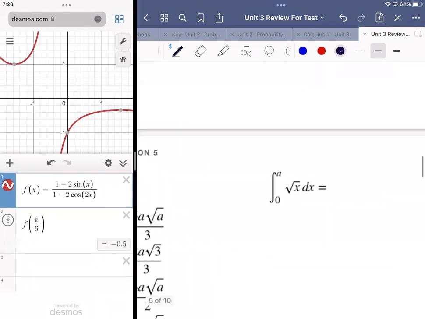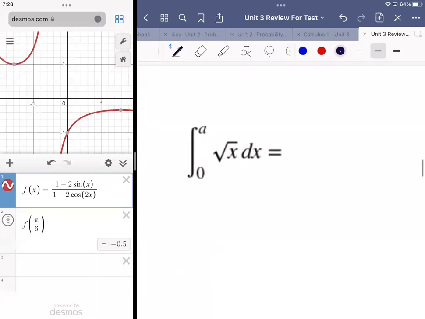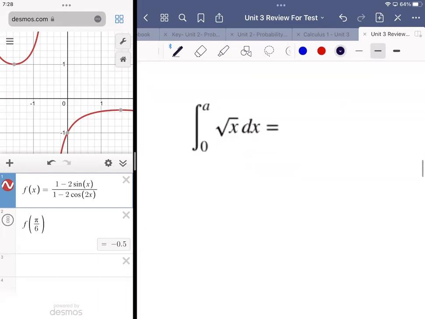So number 5, we have a definite integral, but it's a variable bound, but that doesn't impact me. I'll show you. Observe. So 0 to a, I'm going to write this as x to the 1/2 dx.